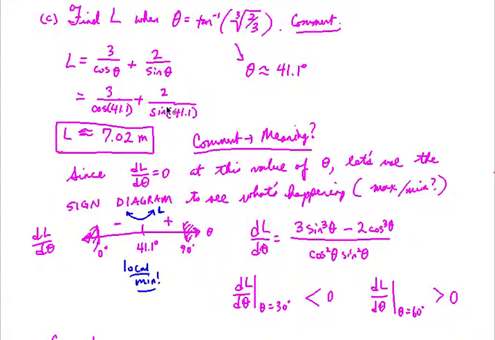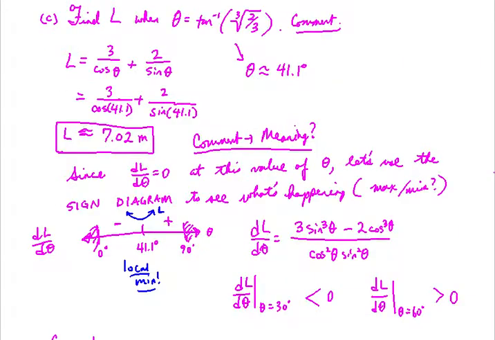You could plug in, for instance, 30 degrees, since cosine and sine of 30 and of 60 I should know, but you could use your calculator for this. If I plug in 30, this expression becomes less than 0, and if I plug in 60, this becomes greater than 0. So I end up with a negative on this side and a positive on this side. So my graph of L is a minimum at this point.